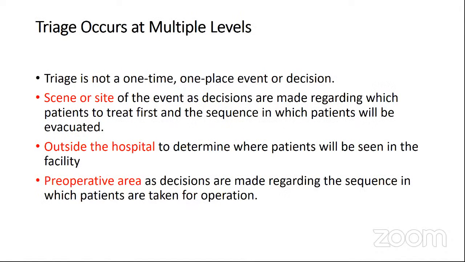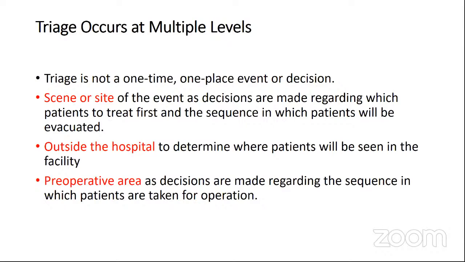Another one is that triage occurs at multiple levels. Triage should occur at multiple levels, meaning if there is a disaster or any incident, a triage person should be triaging the patient from the pre-hospital scenario. Once the patient reaches the hospital, the triaging should occur in the hospital scenario.